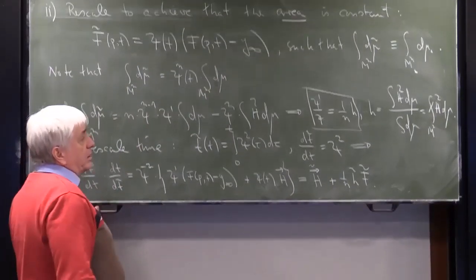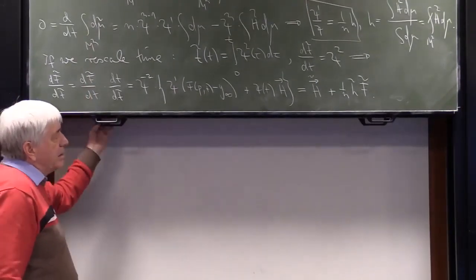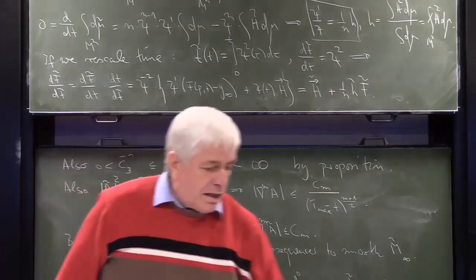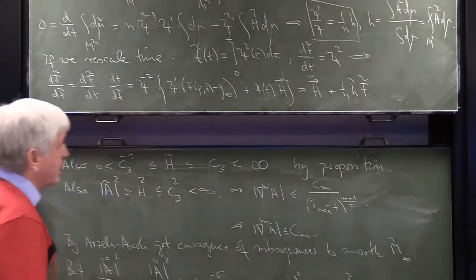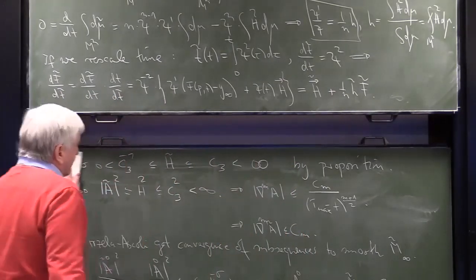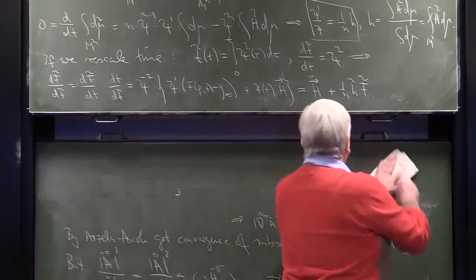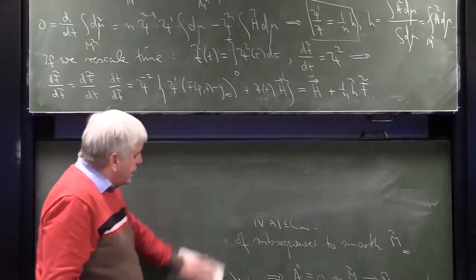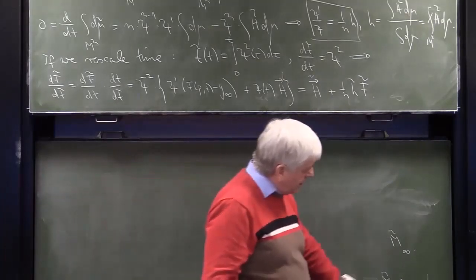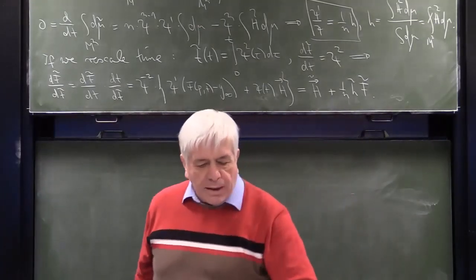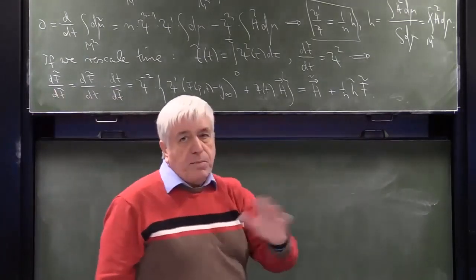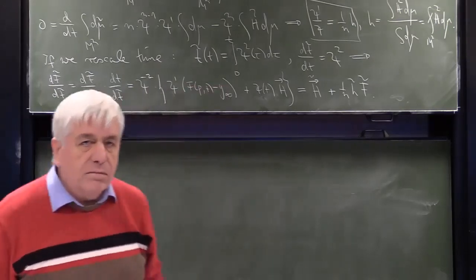And now, with a little bit of extra work, which I don't want to carry out, since this h tilde, this extra term, is just a constant for each time, the evolution equations for this new evolution equation don't change much with respect to the old one.